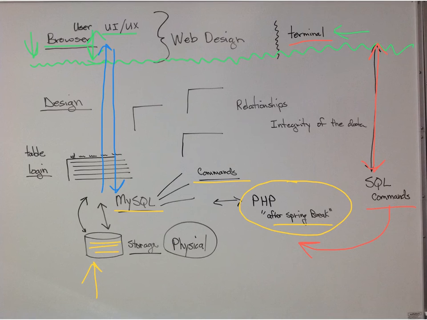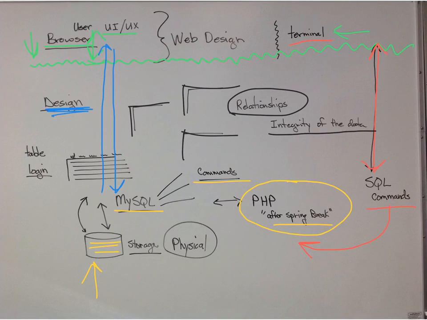Now, a couple other things we want to mention. Here in this area in between, we talk about the design of a database, and I drew in these representing different tables. Then we build the relationships between those tables, and we said how important it is to maintain the integrity of the data.